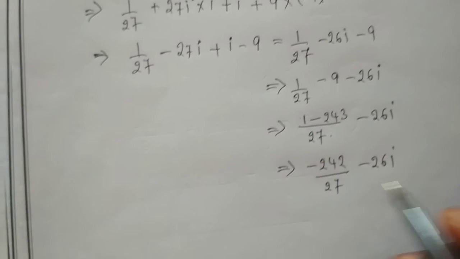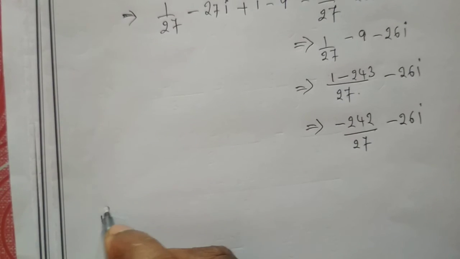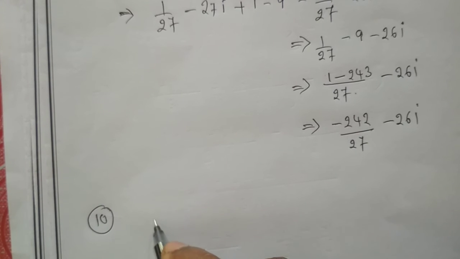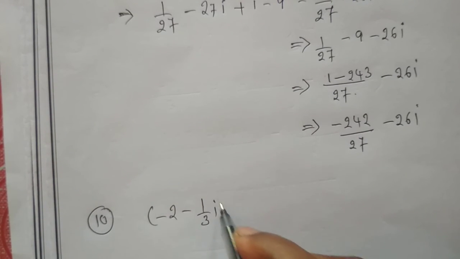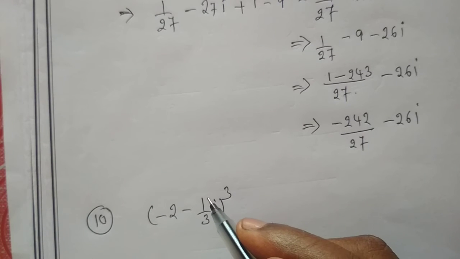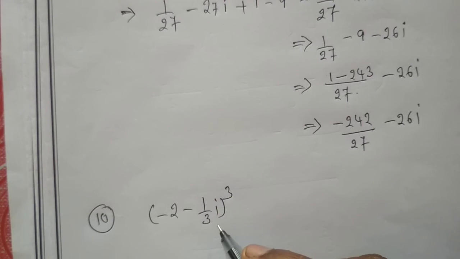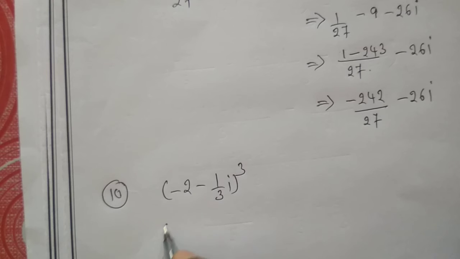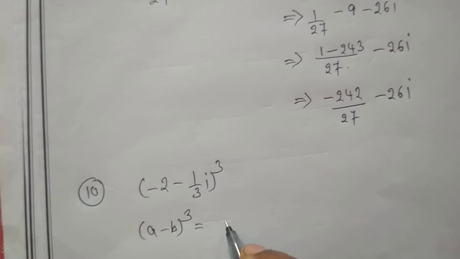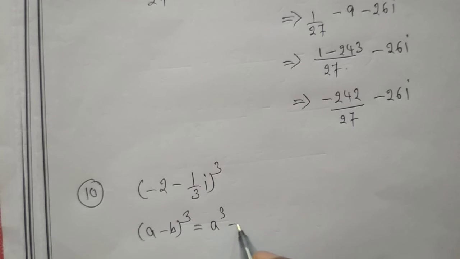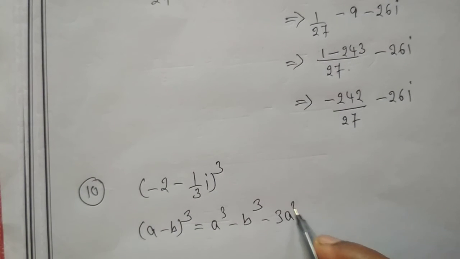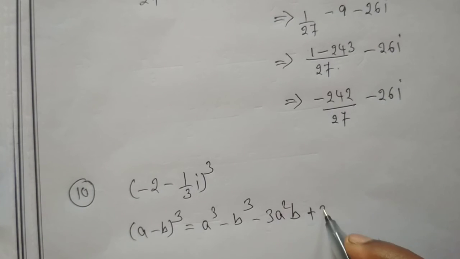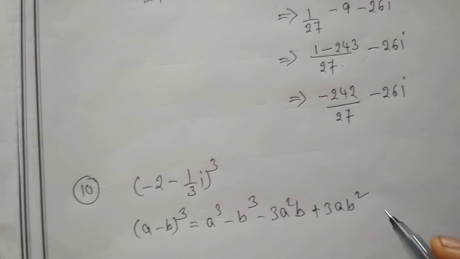Now we discuss another very short answer. The 10th one is (minus 2 minus 1 by 3i) whole cube. Again we discuss another formula, that is (a minus b) whole cube, that equals a cube minus b cube minus 3a square b plus 3ab square.